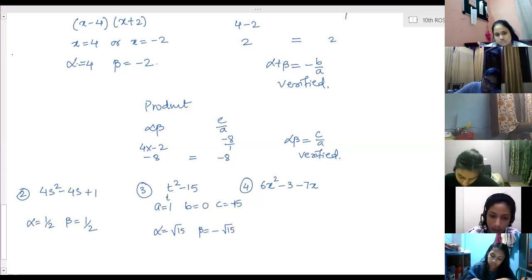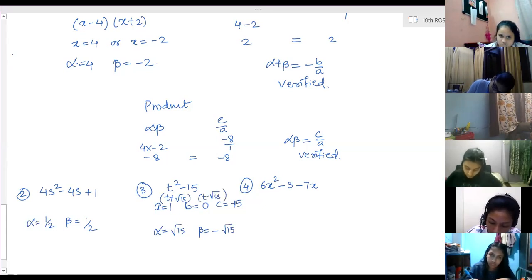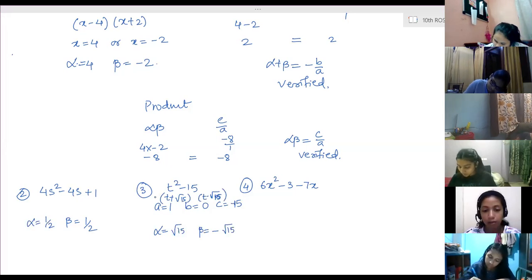The two factors are t plus root 15 into t minus root 15. Verified. Fourth one.